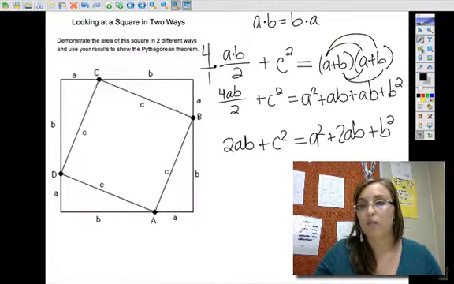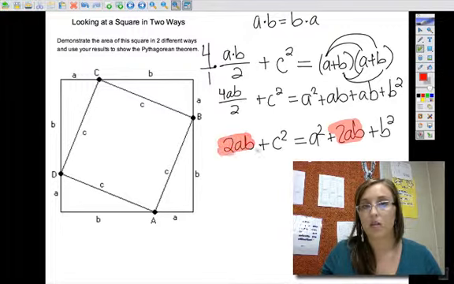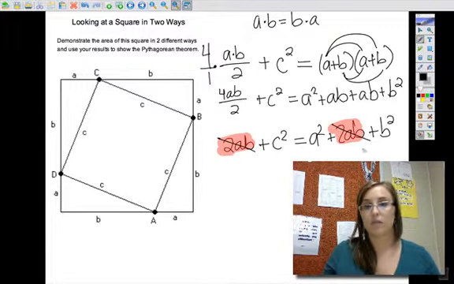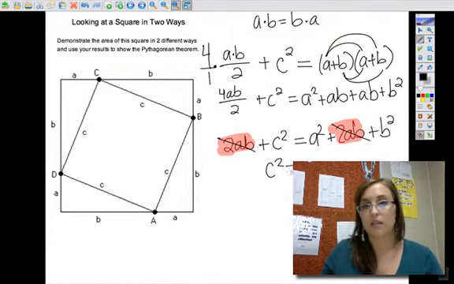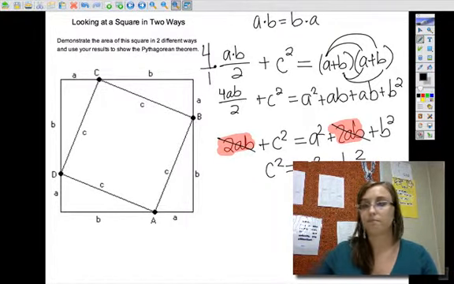And then what we learned from our daily math on Friday was that 2AB and 2AB cancel out, because if I subtract it from one side, then it'll subtract from the other. So what that leaves me with is that C squared equals A squared plus B squared. And that's the Pythagorean theorem.